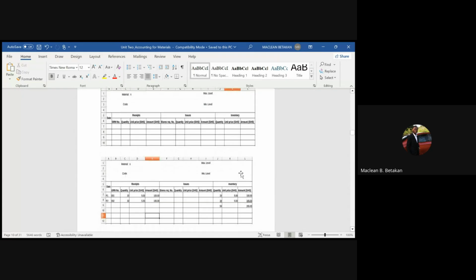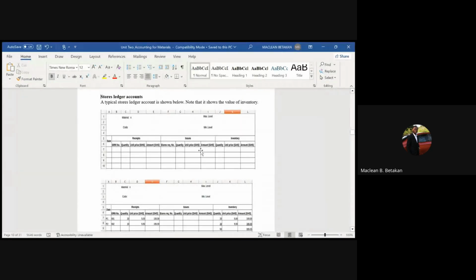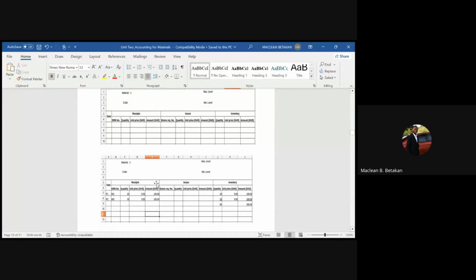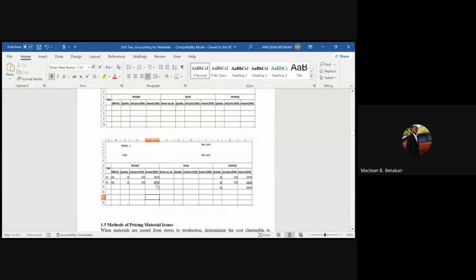This is what we are going to use to prepare the types of stores keeping that we are going to look at. This is just an example of it.